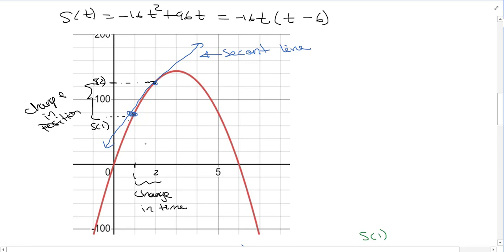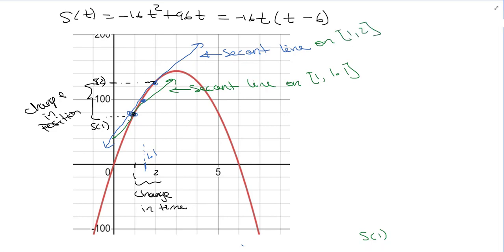That was between 1 and 2, right? What happens when we move it to 1.1? This is not to scale, so pretend that's 1.1. Then this is going to come somewhere over here, and now I'm going to have another secant line. So this will be my secant line on 1 and 1.1 versus my secant line on 1, 2.